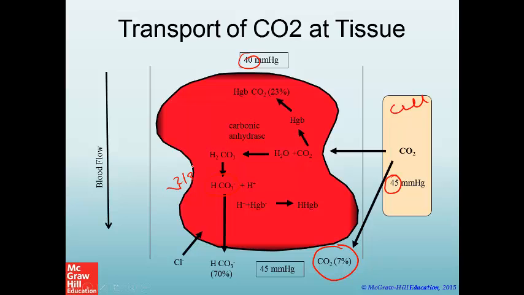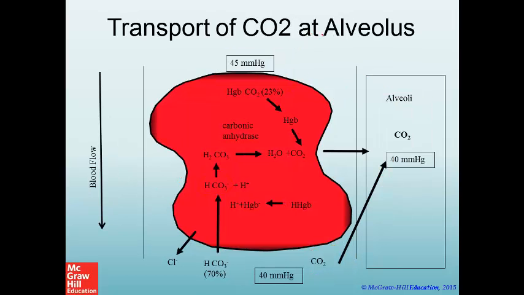And then the remaining 23% is going to be carried bound to hemoglobin. So this is going to be HbCO2. So the venous blood is going to have a PCO2 now of 45, whereas in arterial blood it was 40, because you picked up CO2 from the tissues as a metabolic waste product.